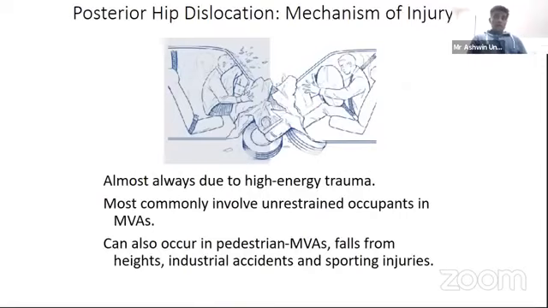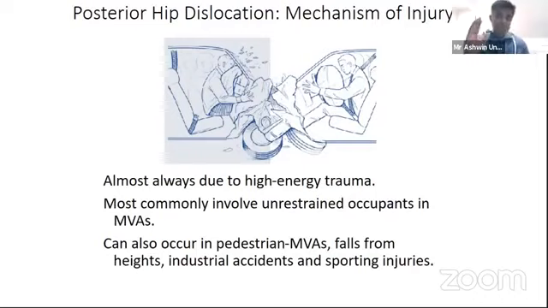Now, the majority of posterior dislocations of a virgin hip come from high energy trauma. In my practice, about 20 to 30% of virgin hip dislocations come from an elderly population, and in the elderly it doesn't have to be a high energy trauma. It could be just a fall from standing height.